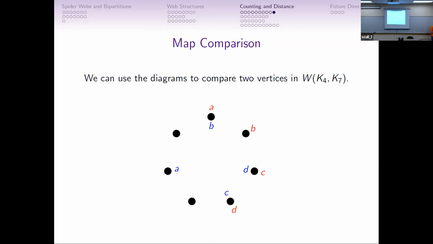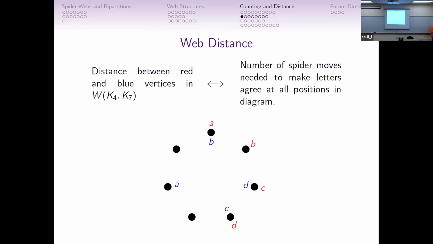For instance, here we have one vertex, a red vertex represented by red letters, and a blue vertex. So now we've reformulated the question. We have two equivalent formulations for distance in our spider web. And this works because the spider moves in the diagram correspond to edges in the spider web.